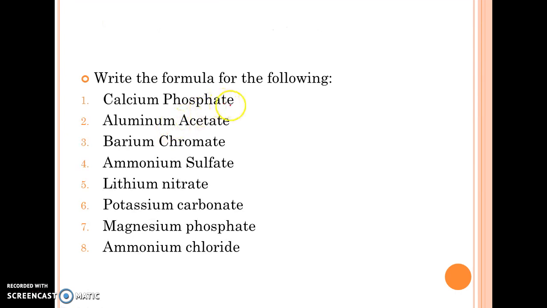Let's look at calcium phosphate. Here we have calcium, so you find calcium on the periodic table. It is Ca. You write its charge, which is a +2. And then we have phosphate. You're going to look for phosphate in the reference table on page 7. Phosphate is the very last polyatomic ion on your list, and it is PO4.